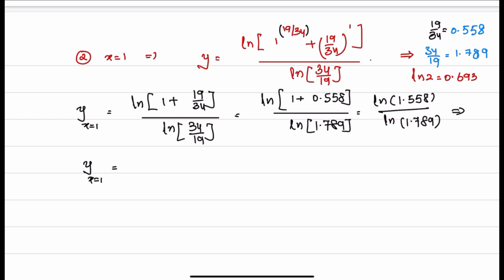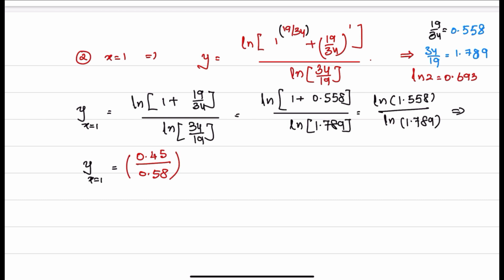Can we take ln 1.558 as 0.45? Two digits only we will take. Because ln 1.789 is near to 0.693, we can say 0.58. It is a little bit away, lesser than that.